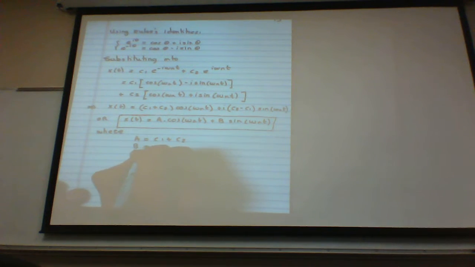C1 plus C2, and B would be equal to i times (C2 minus C1).